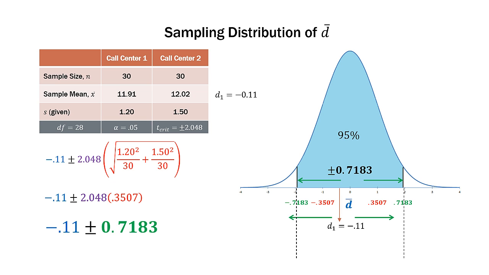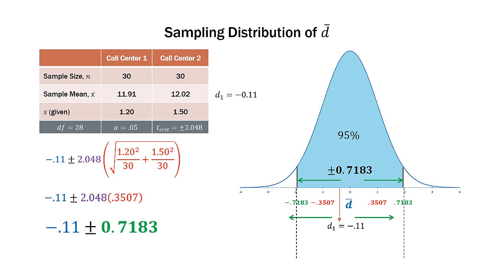So one standard deviation to the right is 0.3507 minutes. Therefore, two standard deviations would be 0.7014 minutes, and the same thing over to the left. Now remember, our T critical is 2.048. That's why the values there are 0.7183. But the standard error is just a standard deviation in the sampling distribution. That's why I went ahead and put those there.